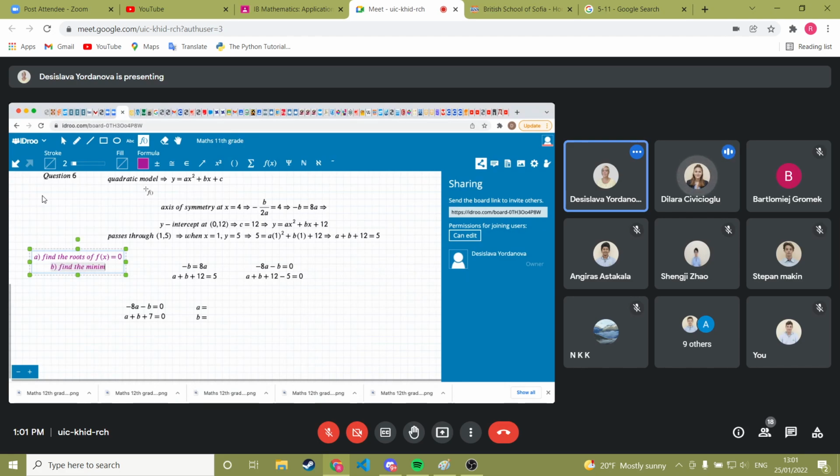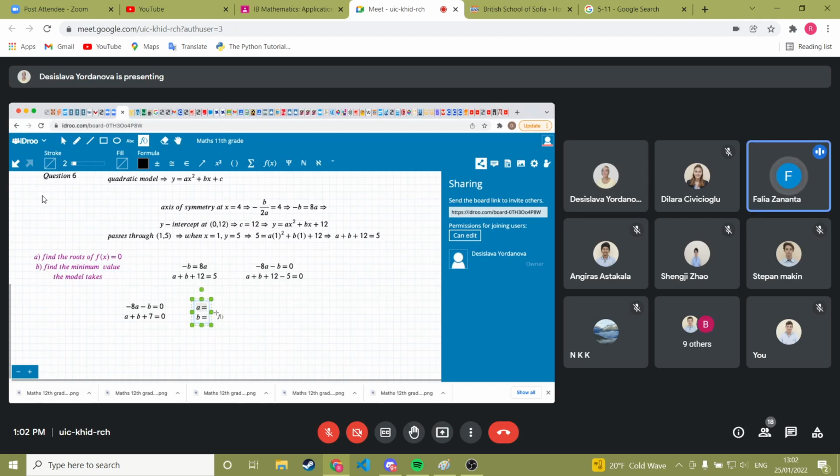Should we say solve for A? You solve the two equations simultaneously using your calculator as we did last week. Somebody with an answer?